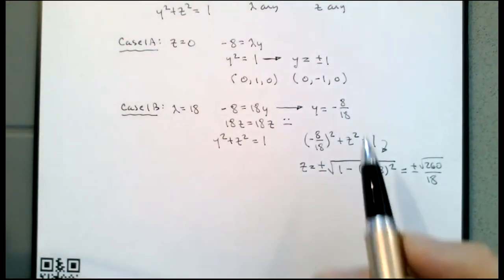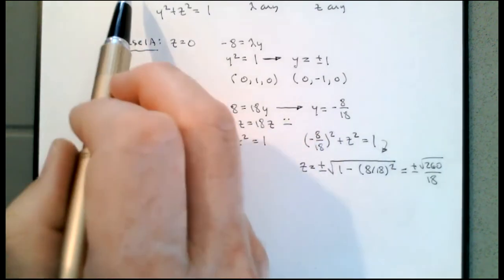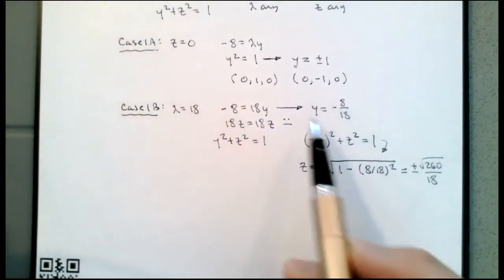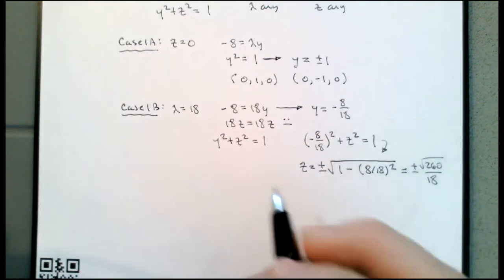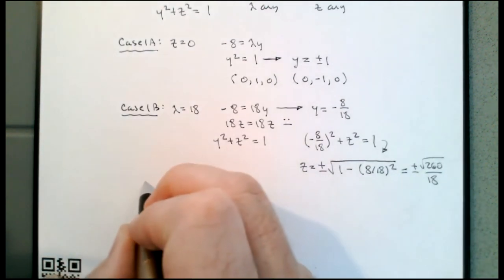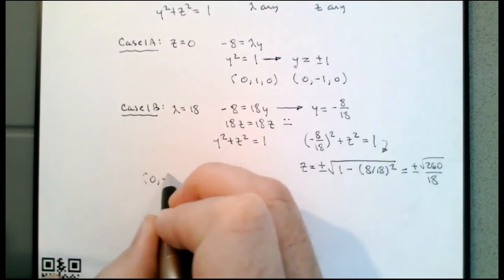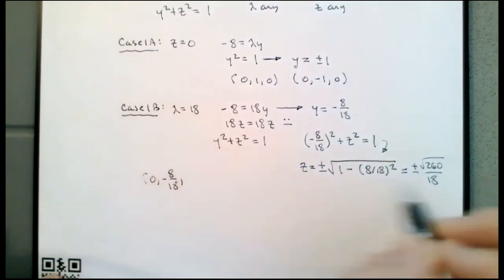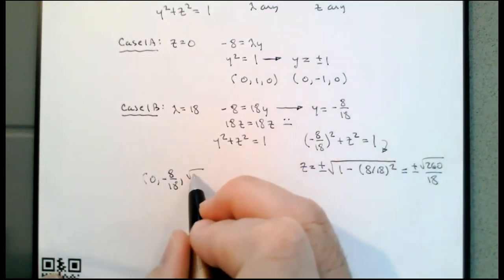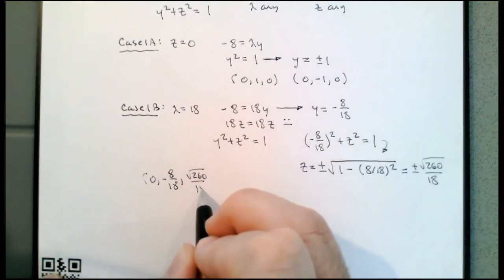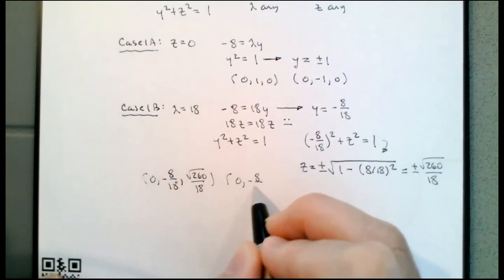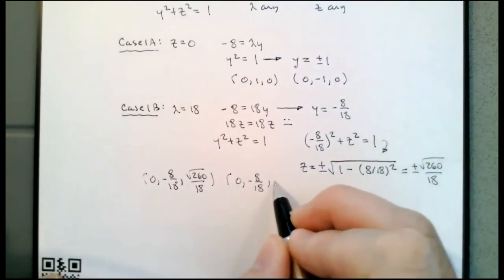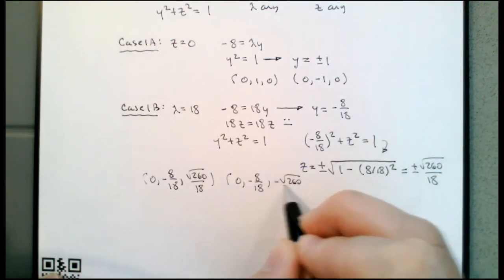So now, this is all still based on x equals 0. And we got one value of y, negative 8 over 18, but we got these two different values of z. So now I've got these 2 points. I've got x is 0, y is negative 8 over 18, and this led us to a square root of 260 over 18. And 0, negative 8 over 18, and negative square root of 260 over 18.